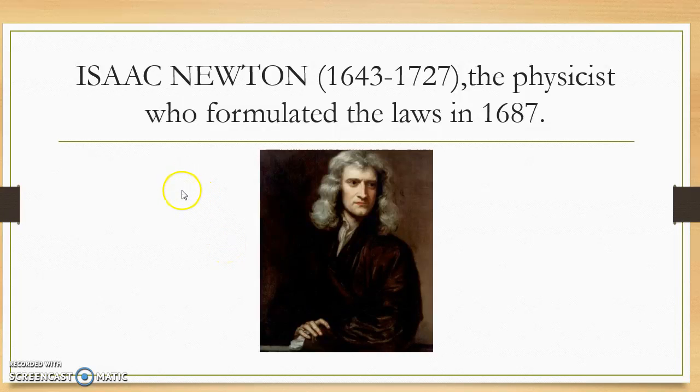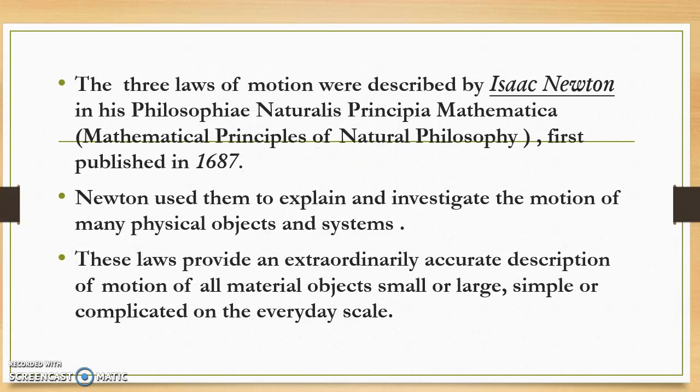This is the image of Isaac Newton. He was the physicist and mathematician who formulated the laws in 1687. The three laws of motion were described by Isaac Newton in his Philosophiae Naturalis Principia Mathematica, Mathematical Principles of Natural Philosophy, first published in 1687.